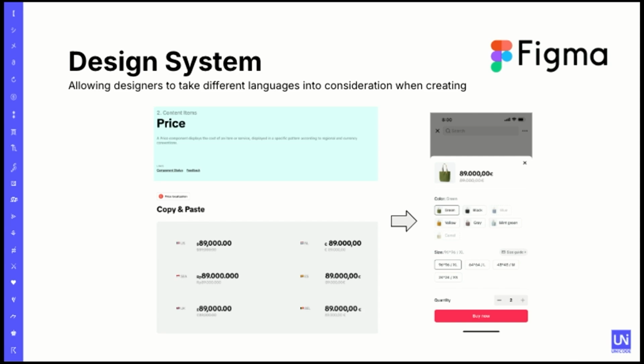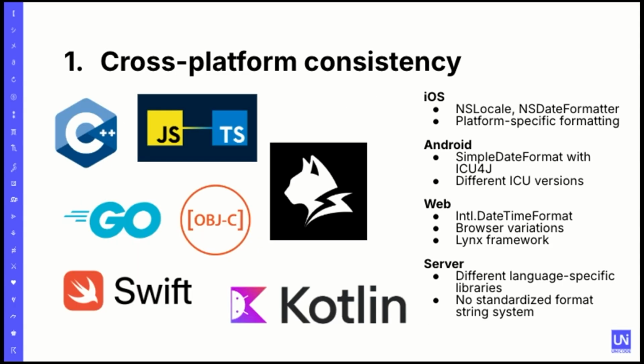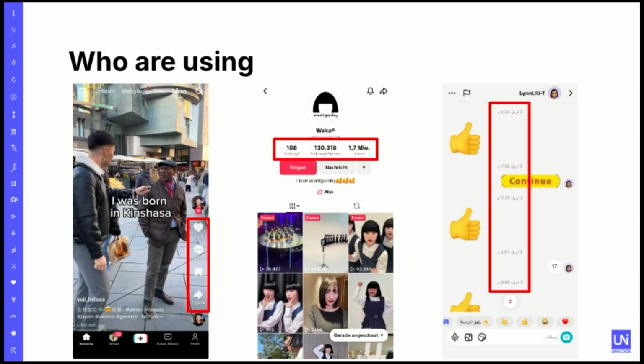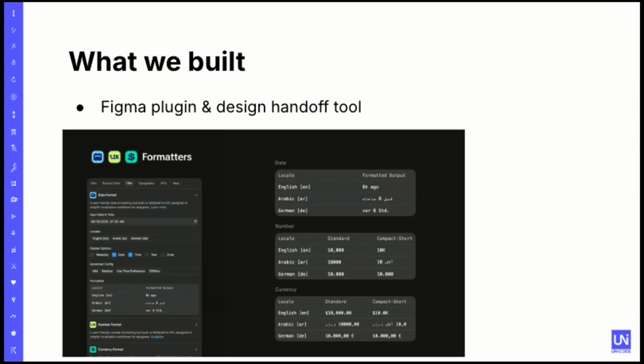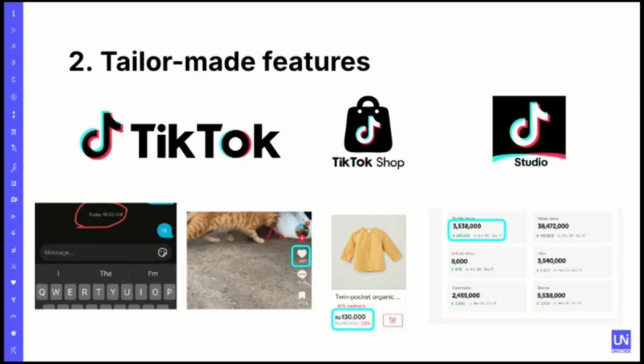This is Tux, which is TikTok UI UX, a UI component library. The workflow for designers is they first use the Figma plugin that was shown here, and they can generate a whole bunch of outputs for dates, times, currencies, or numbers, and put them into their Figma page.